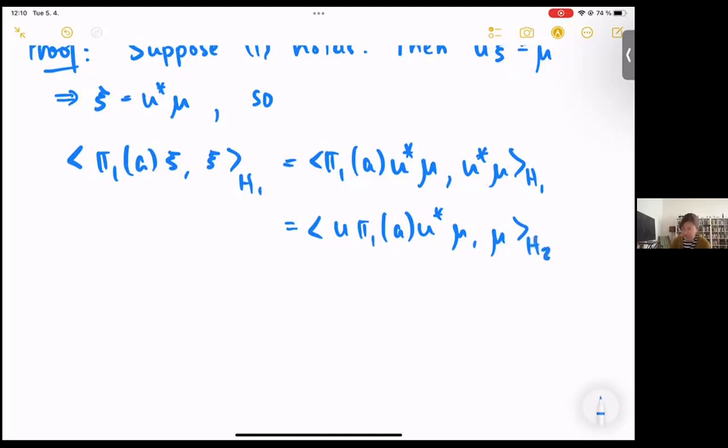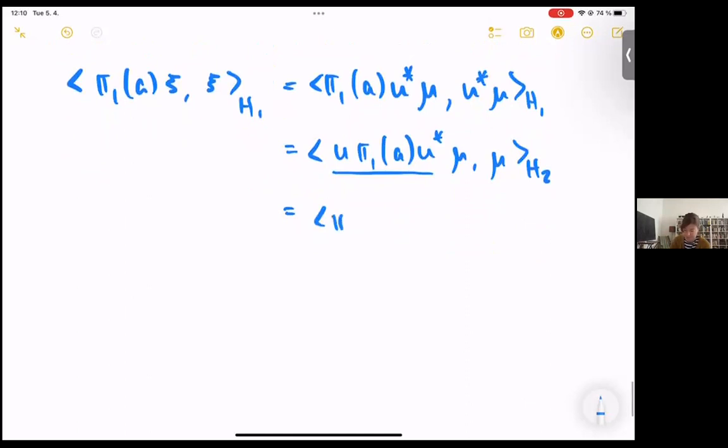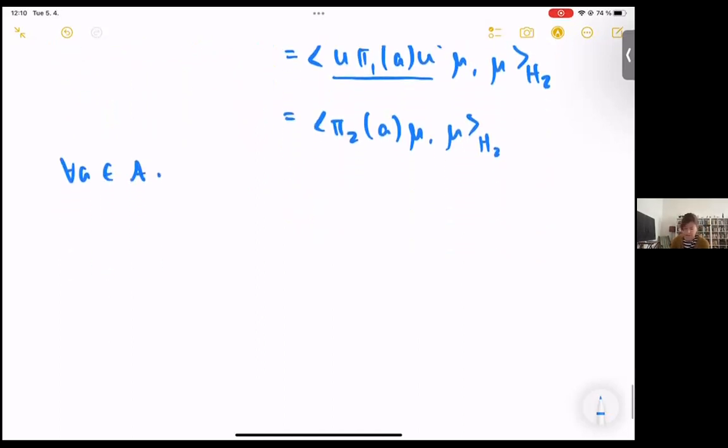And now we're in H2. And this here is pi 2 just by definition of the unitary equivalence. So that was pretty easy. Okay, so this shows 1 implies 2.